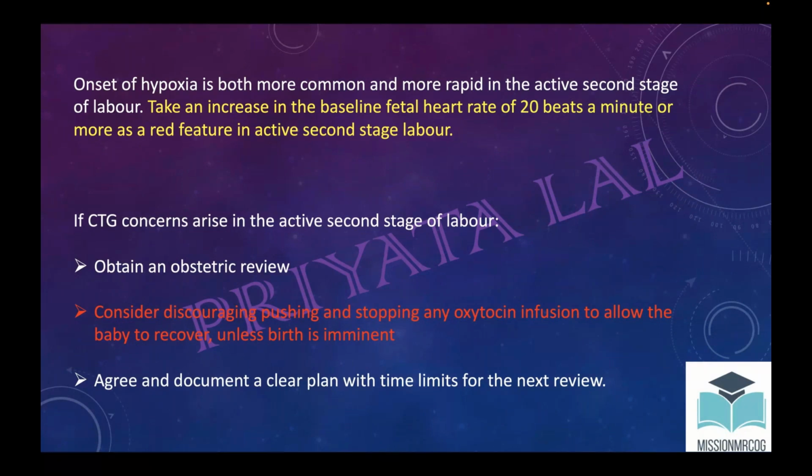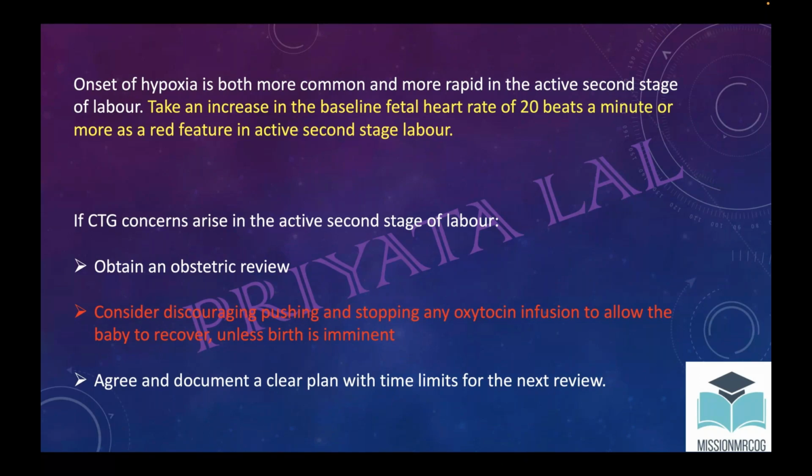So an increase in fetal baseline heart rate of more than 20 is a red feature in the second stage of labor, though we read it in the fetal heart rate topic also. That will be a red feature here.